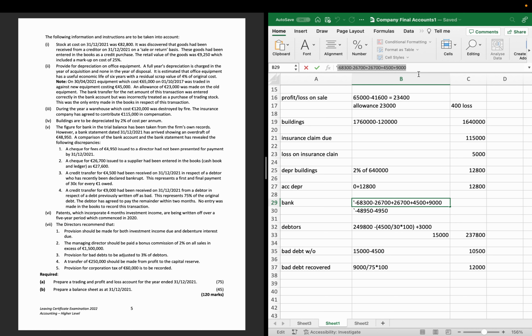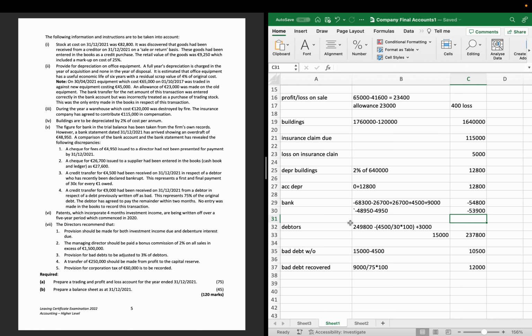the two numbers should now be the same. If we've reconciled what we've done and what the bank have done, and if we do that, and that's for some reason not working out, hold on, 48,950 minus 4,950, 60.